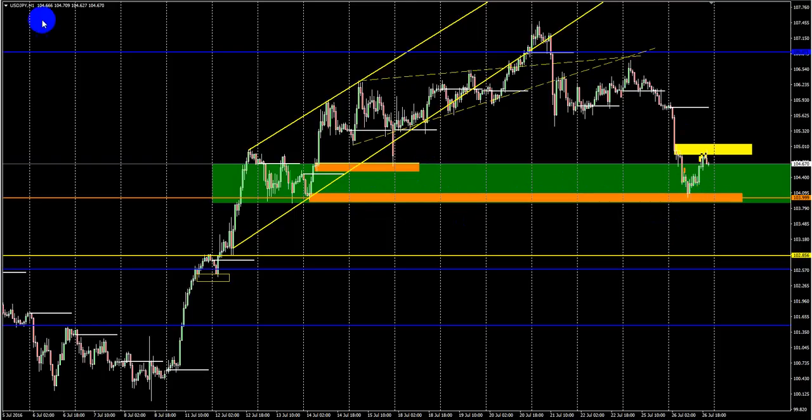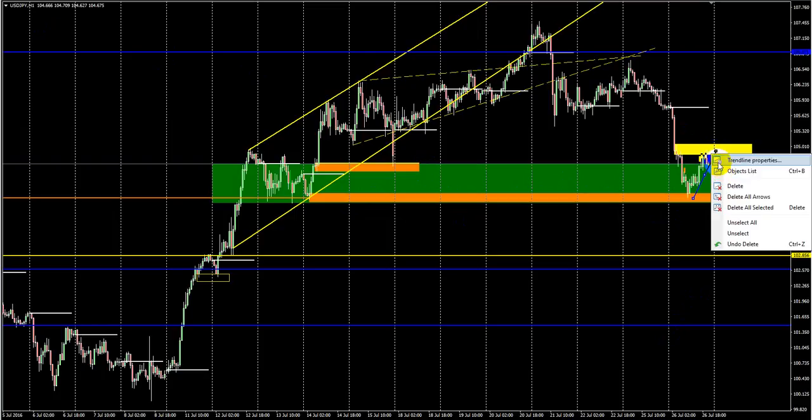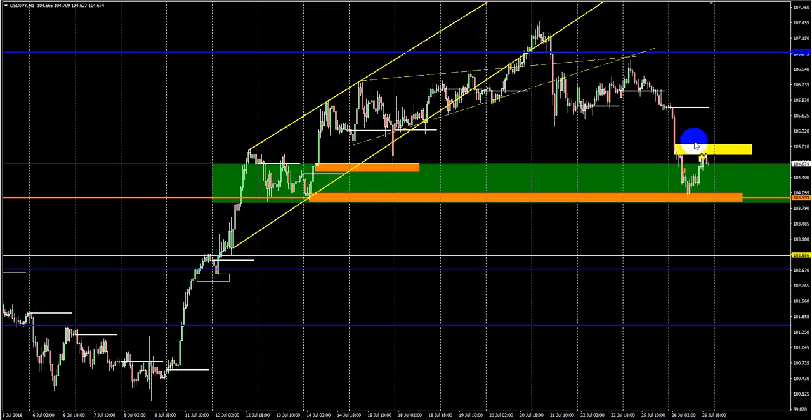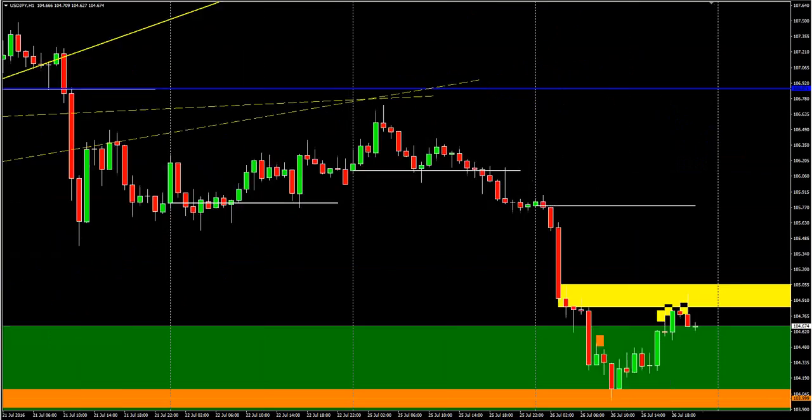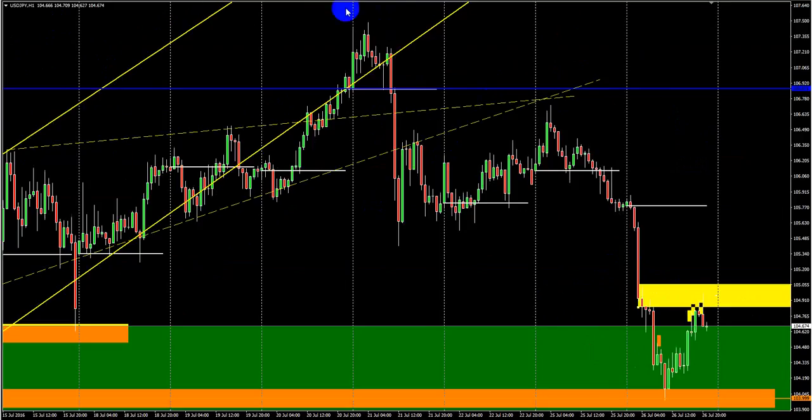All right, and we saw the reaction here, bounce back towards 105, where intraday supply is visible. All right, so we hit this intraday supply and we're trying to go lower.